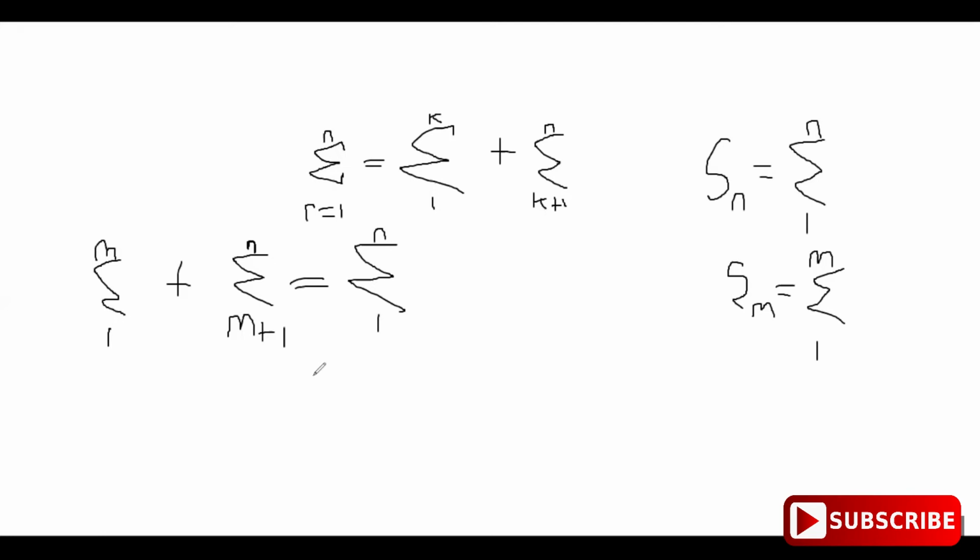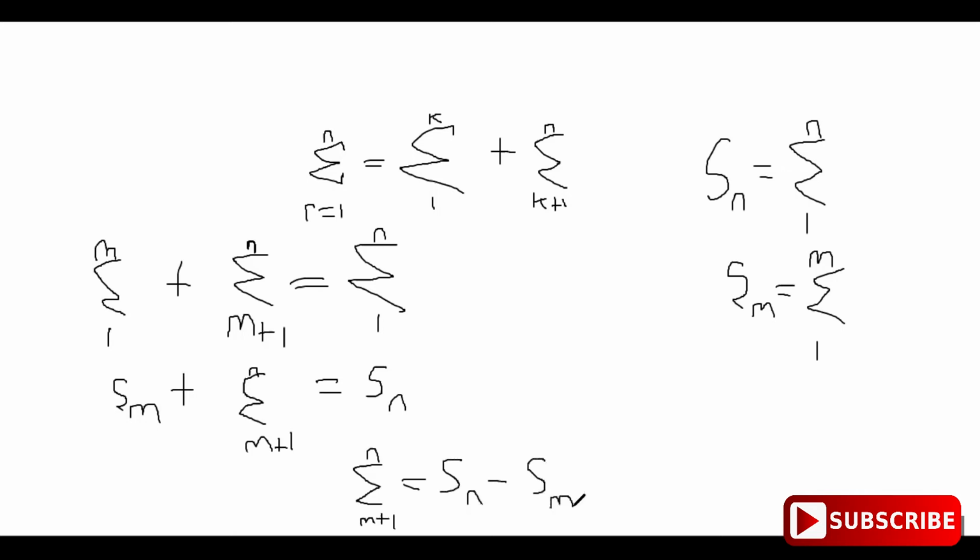Agreed? Yes, sir. And now the sum from 1 to n is Sn, and the sum from 1 to m is Sm. So Sm plus the sum from m plus 1 to n is equal to Sn. So if we subtract Sm from both sides, we get that the sum from m plus 1 to n is equal to Sn minus Sm.